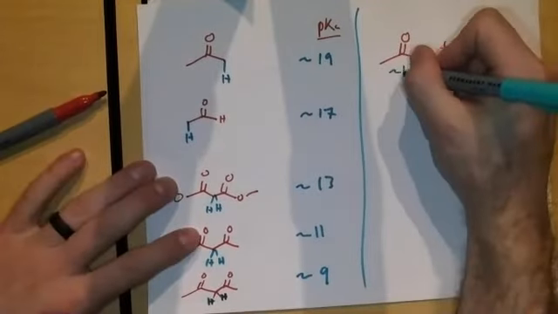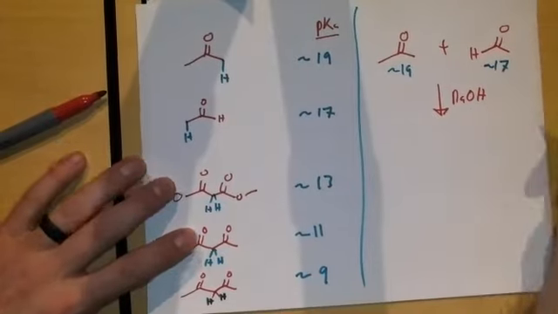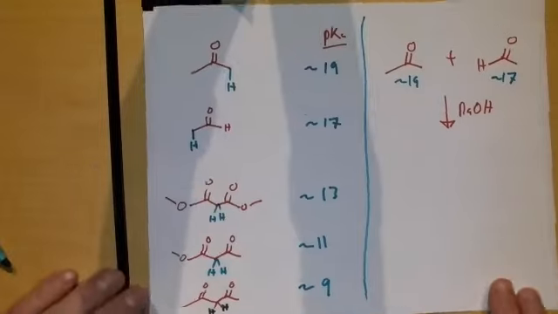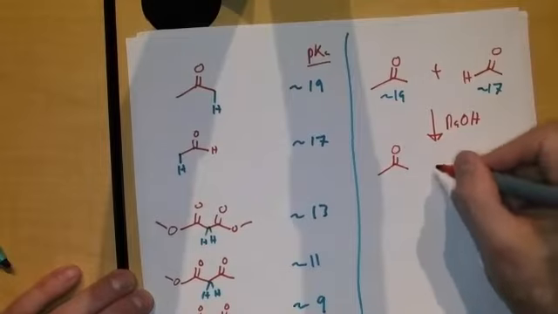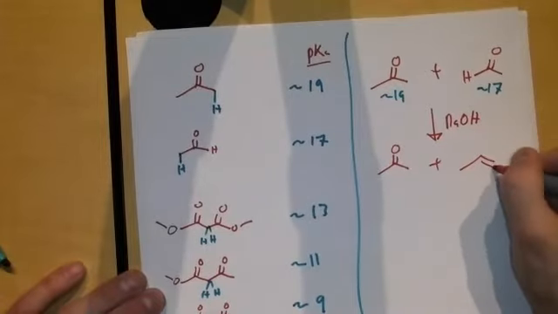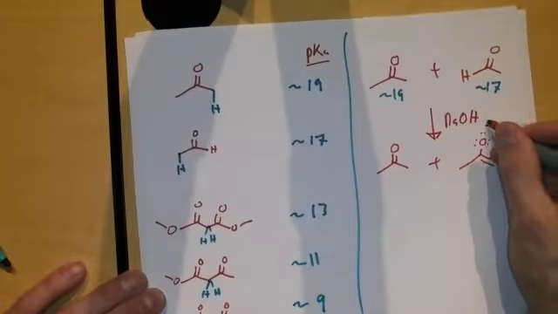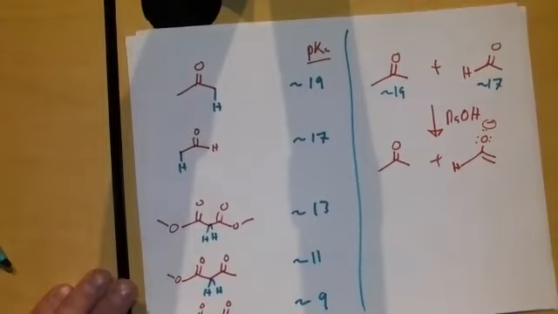Because this is a pKa of around 19, this one is around 17, we are going to selectively deprotonate just the aldehyde and get just that enolate.